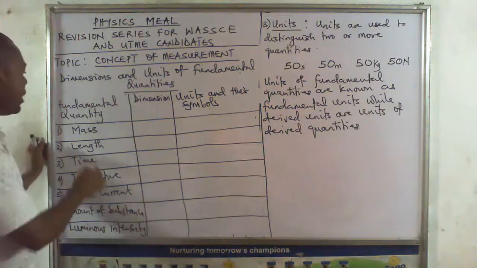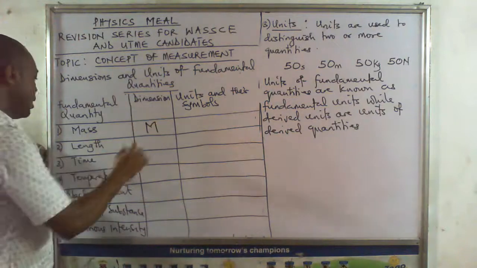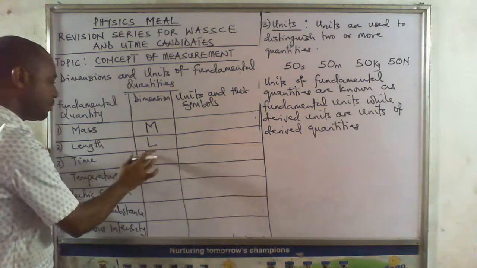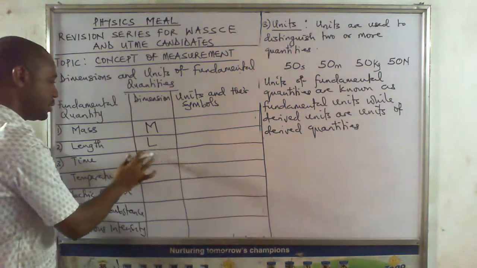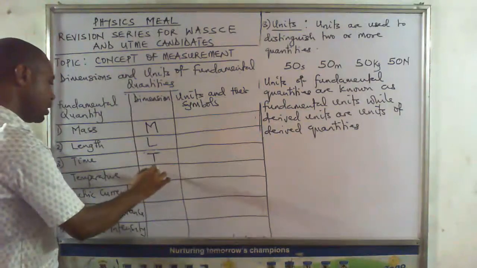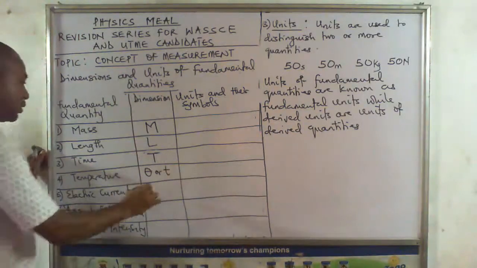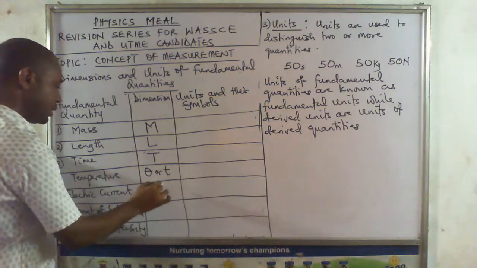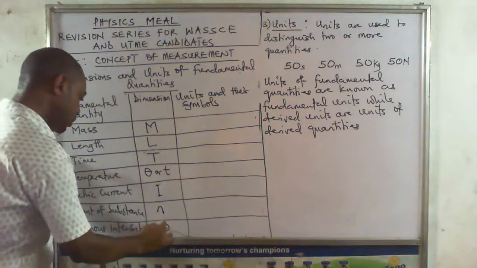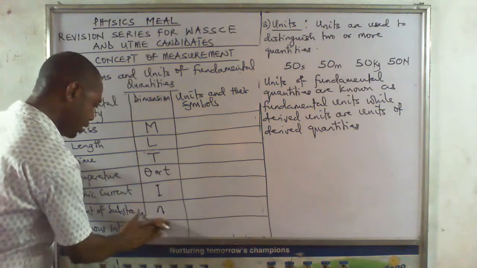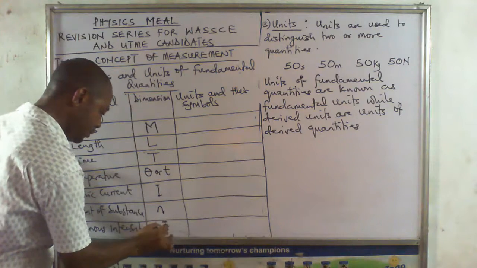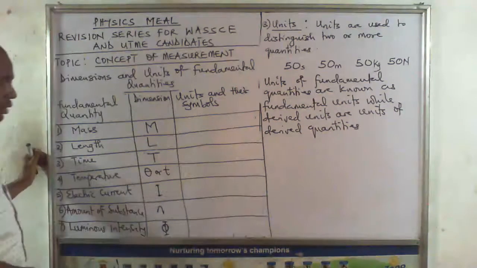Okay, now what's the dimension of mass is capital M, dimension of length is capital L, dimension of time is capital T, dimension of temperature, we'll use theta or small t, electric current is I, that's the dimension, amount of substance is N, and luminous intensity, we use this Greek symbol for that, and call it phi, that luminous intensity.